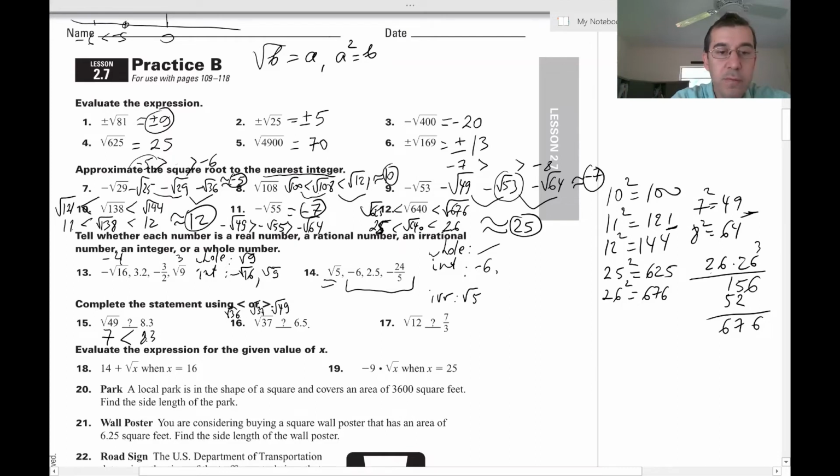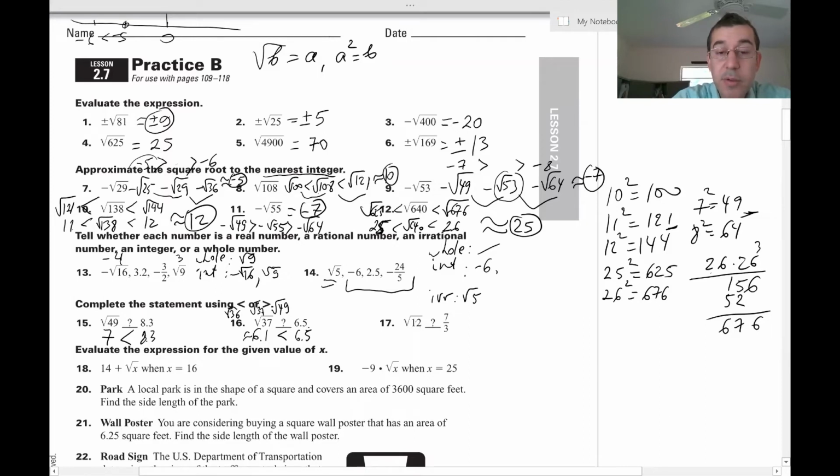So 6.5 is greater; this is approximately 6.1.